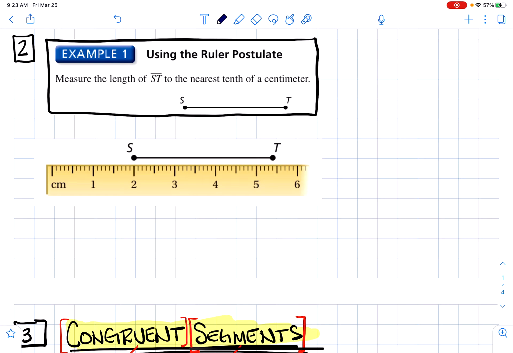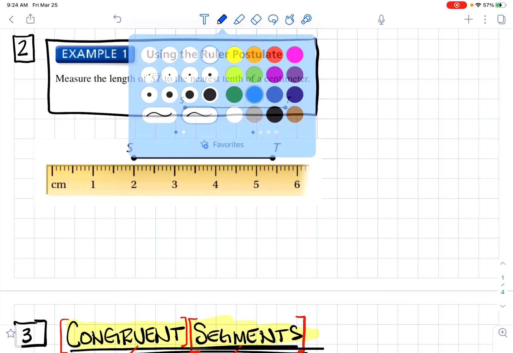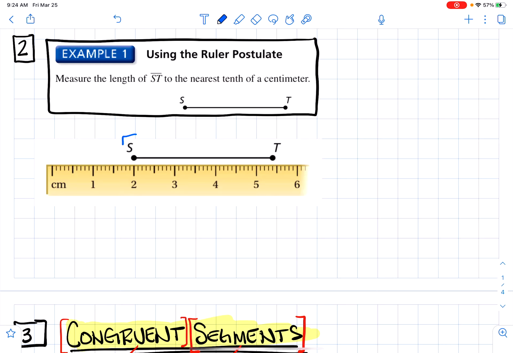Okay, box number 2, let's do an example of the ruler postulate. It says measure the length of line segment ST to the nearest tenth of a centimeter. Because part 1 of the ruler postulate says that we are allowed to name these points, I'm going to name point S at 2 centimeters, and point T at 5.4 centimeters.